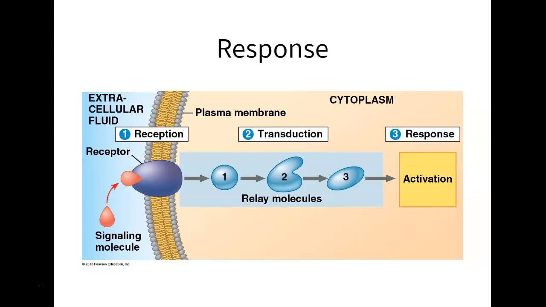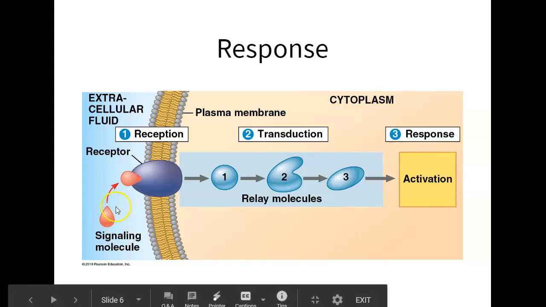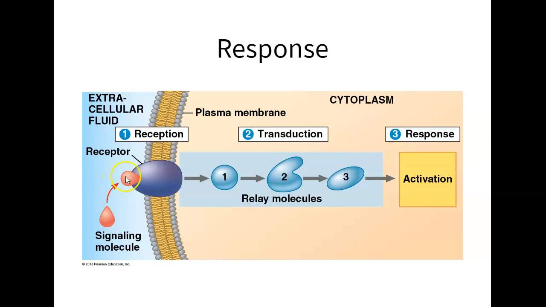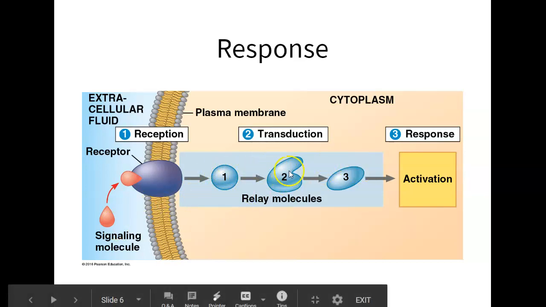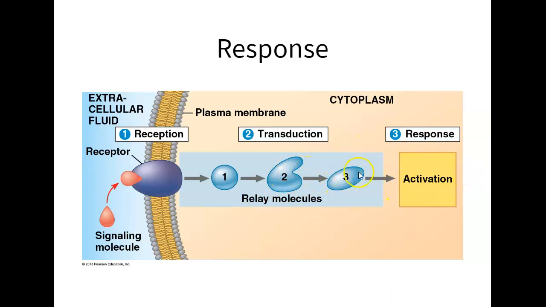Here's what that generally looks like. On the left, you can see that this signaling molecule or ligand comes and actually binds to a protein on the membrane. In this case, it's a receptor that has a unique fit, right, to that ligand. And when that happens, there's some kind of transformation of shape, for example, and there's all these downstream changes, and then at the end there's some kind of response.